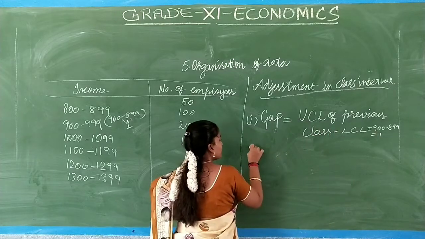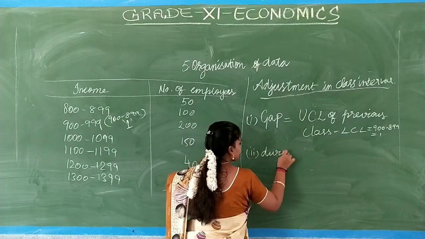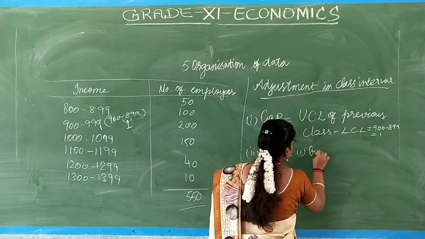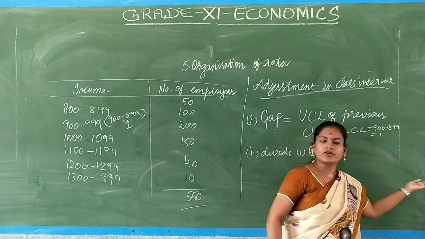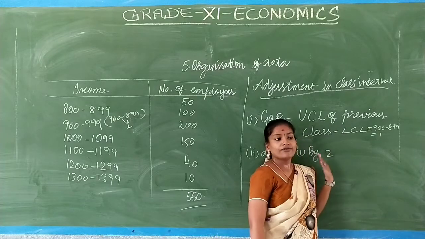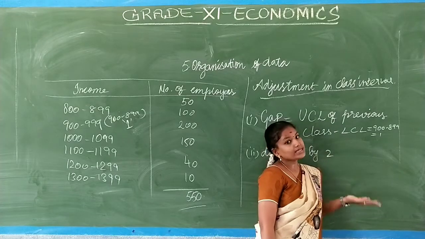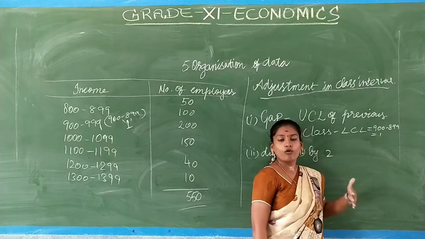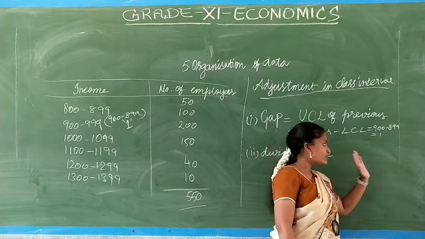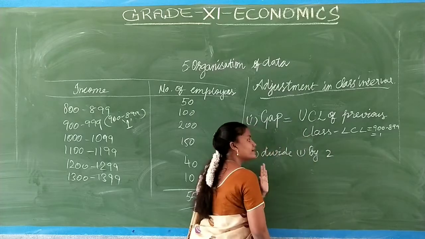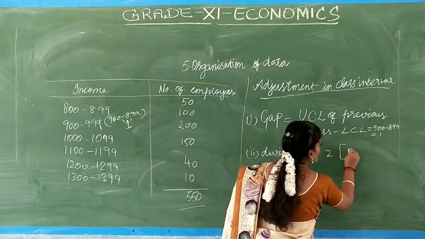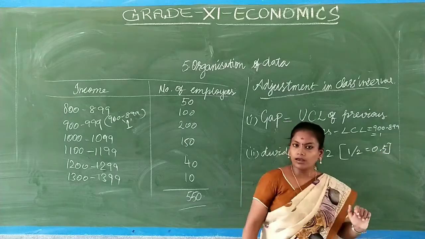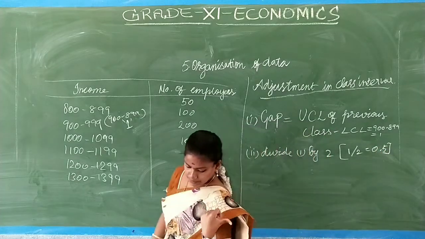Second thing, divide this value by 2. In this example, we have got the answer as 1. In another data, we may get 2 or 4 or 7, whatever it is. Whatever answer you get, you divide it by 2. So here 1 divided by 2 becomes 0.5. That is your second step.